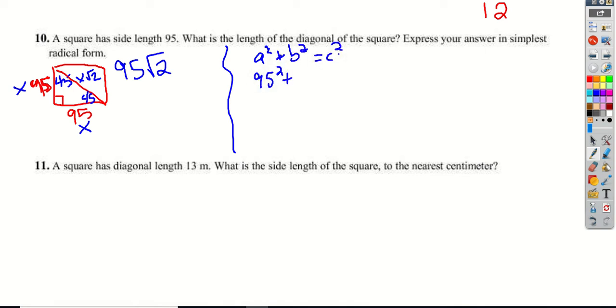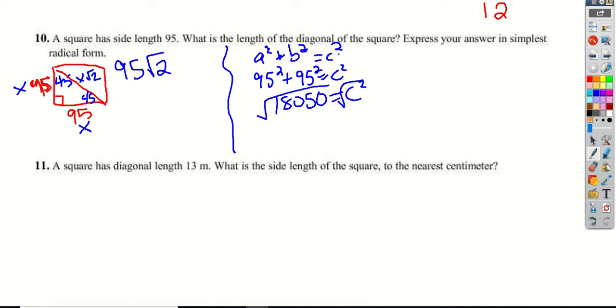So 95 squared plus 95 squared is equal to c squared. Now when I add all these lovely things together, this is 18,050. All right, and then I'm going to take the square root.